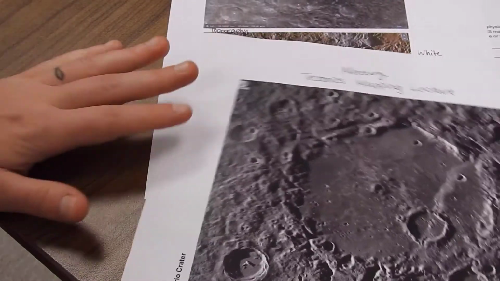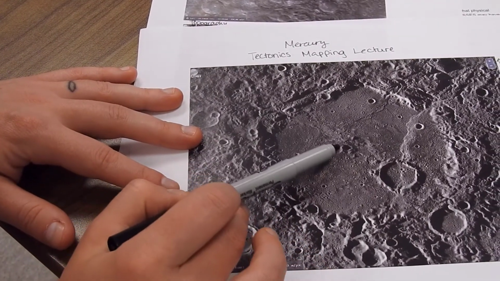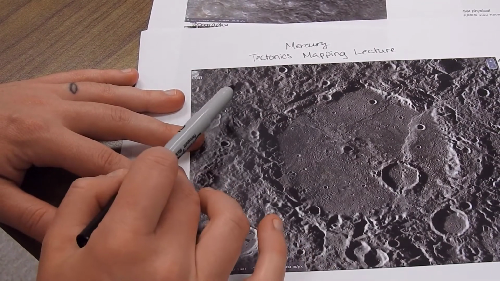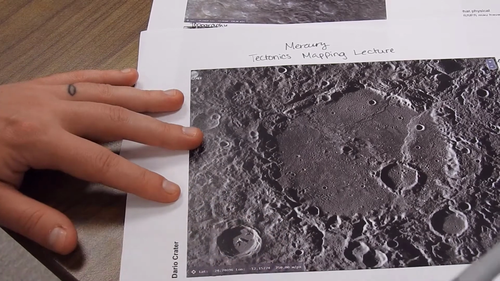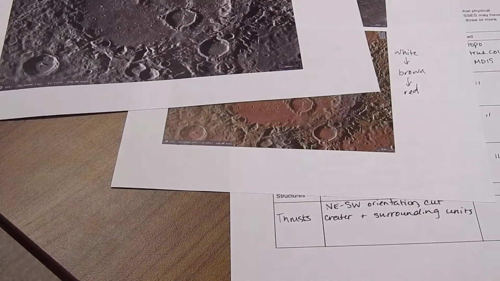If we look on the MDIS image, it looks like there might be another one running northwest, southeast, but it's not as prominent.